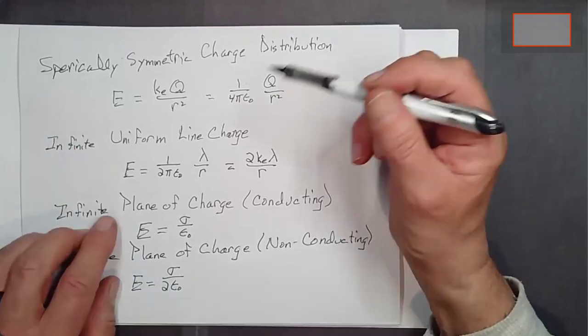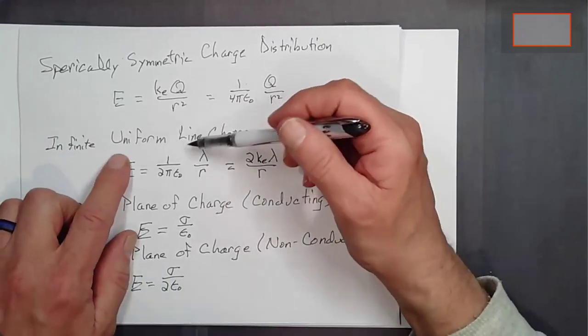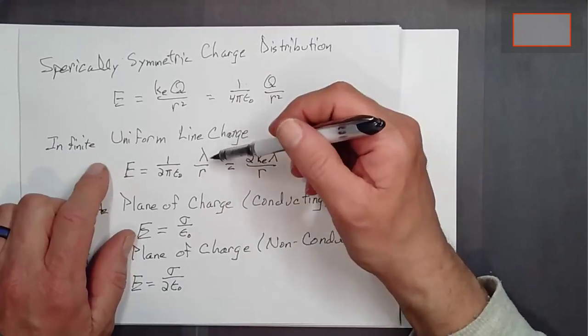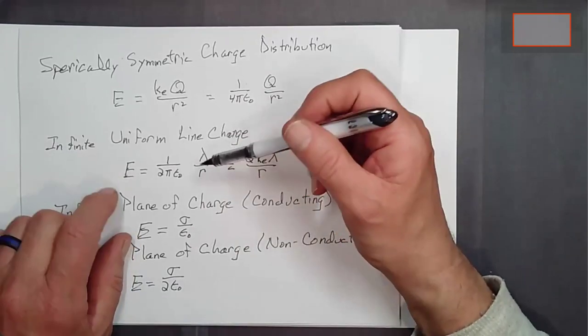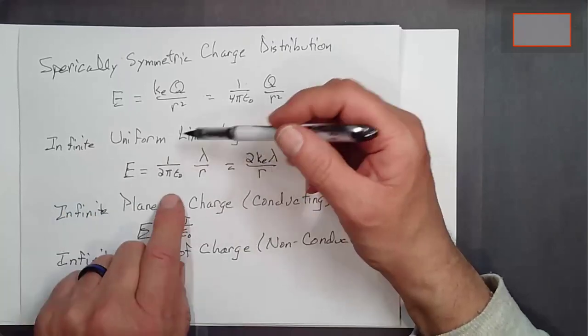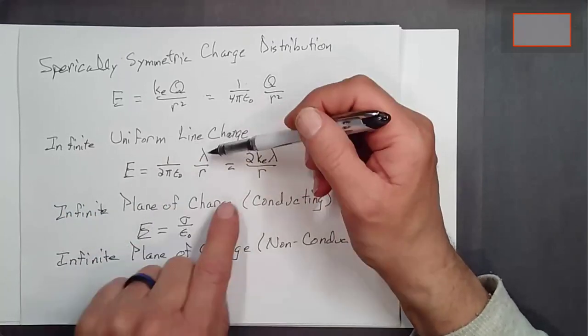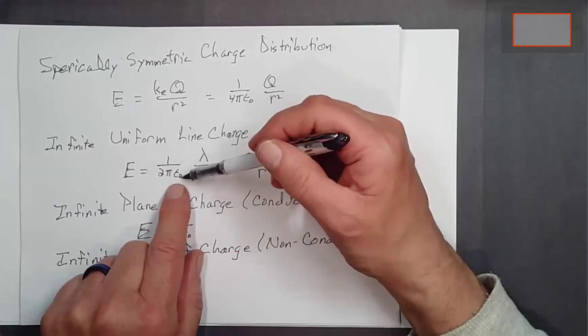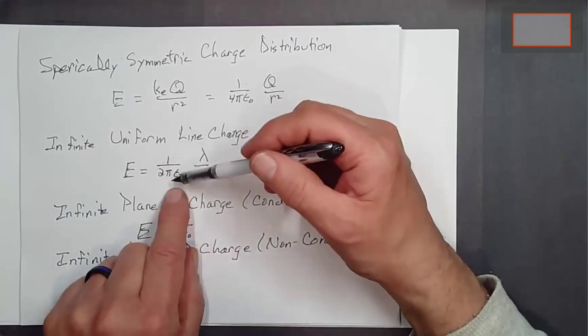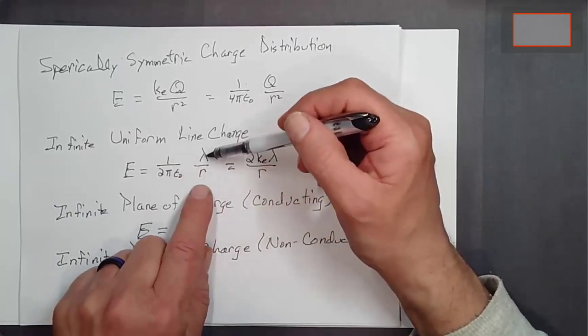If you have an infinite uniform line charge that has a charge per unit length lambda, the electric field is going to be lambda over 2 pi epsilon naught r, or 1 over 2 pi epsilon naught times lambda over r.